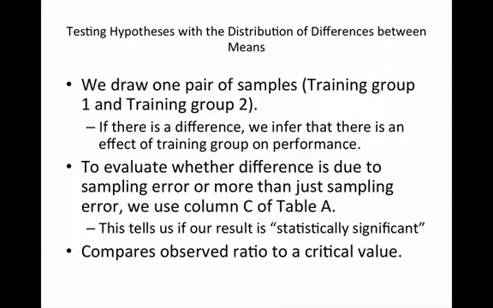And then to evaluate whether or not that difference is due to sampling error or more than sampling error, I use column C of table A, which gives me my significance levels. And this tells me whether or not my result is statistically significant. So remember that what we're doing with hypothesis testing is comparing an observed ratio to a critical value. And those critical values are what's listed in column C of table A.